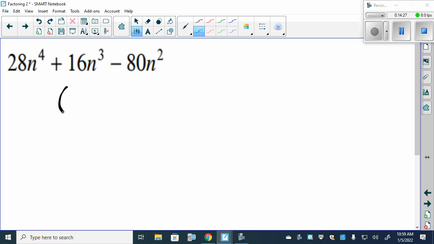I can say 2 for sure because they are all even. 4, yes. Do we think there's a bigger number than 4? No, I think 4 is good because it would be tempting to say 8 because 16 and 80 are both divisible by 8, but 28 unfortunately is not. Is there anything else that will go into all three?